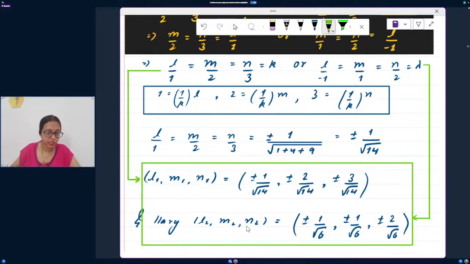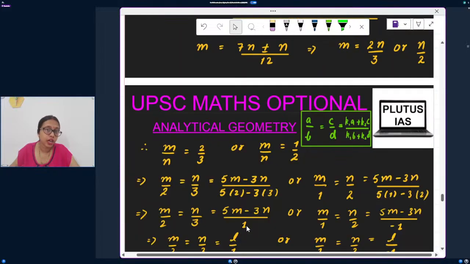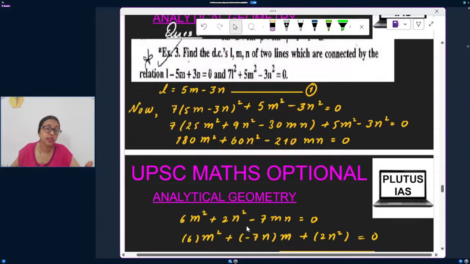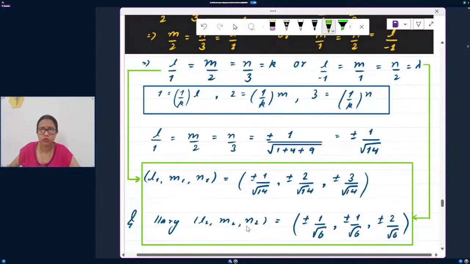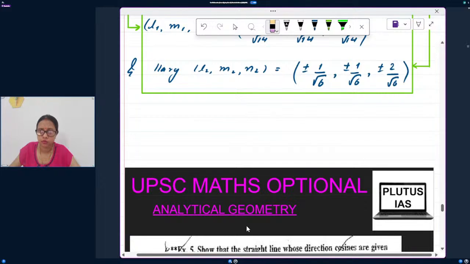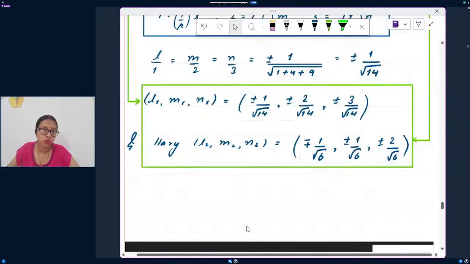Basically, the relation that was given was a quadratic relation. So obviously, I can have two possibilities. So there are two sets of direction cosines, and in fact, if you see closely, there was a minus one, so it will be minus plus. So actually, there are four choices.